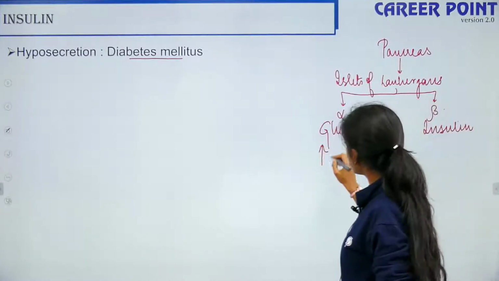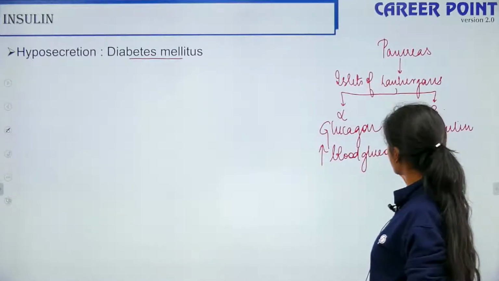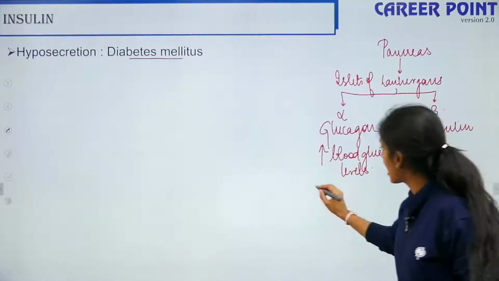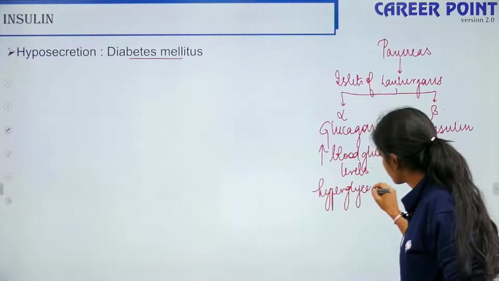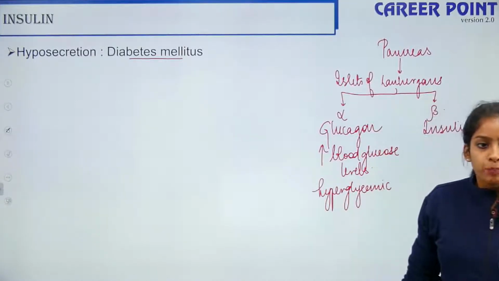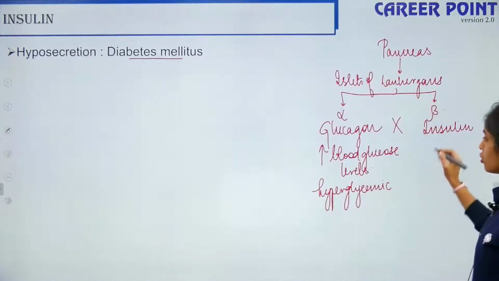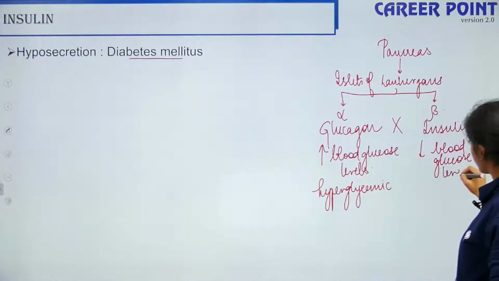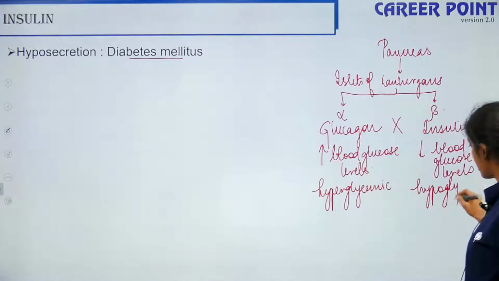Glucagon increases blood glucose levels, thus leading to a hyperglycemic condition. The function of insulin is just opposite to glucagon. Insulin decreases blood glucose levels, thus leading to a condition known as hypoglycemia.